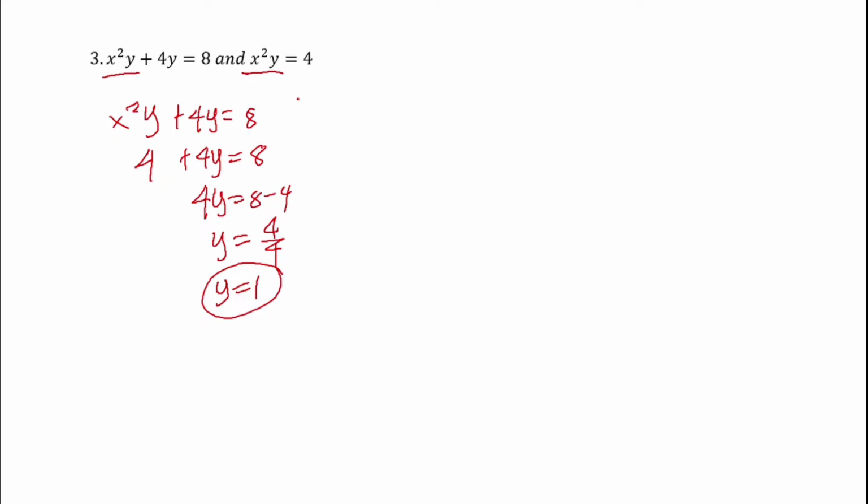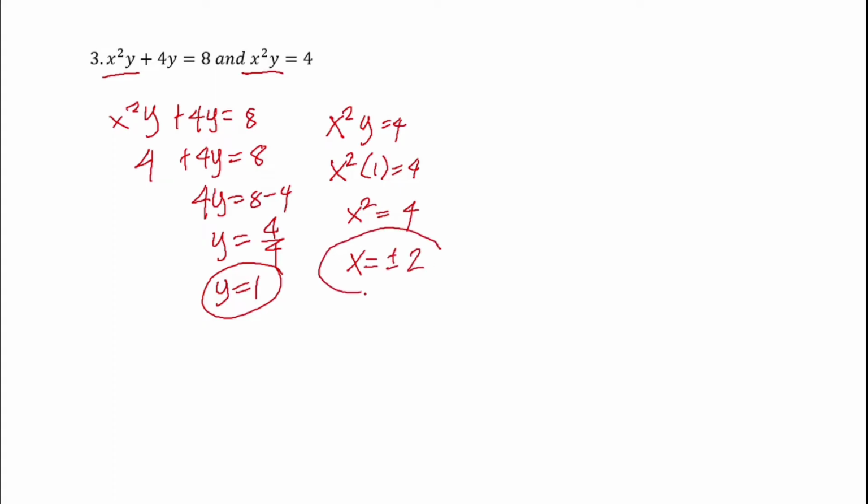To find the value for x, we have x squared y is equal to 4, so x squared times 1 is equal to 4. x squared is equal to 4. We have two values, x is equal to positive and negative 2.